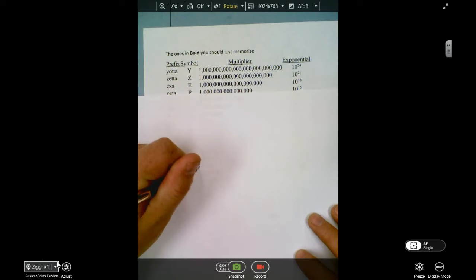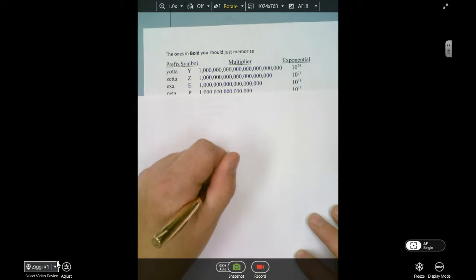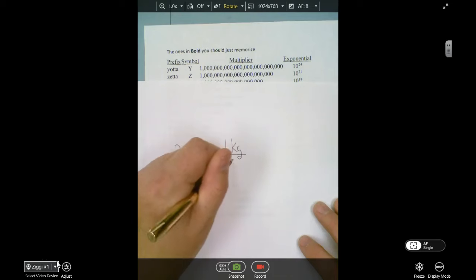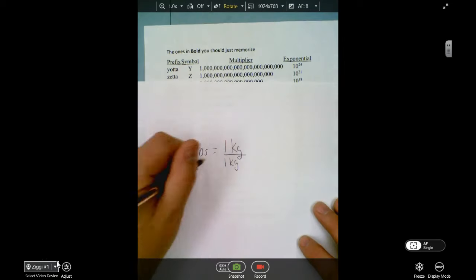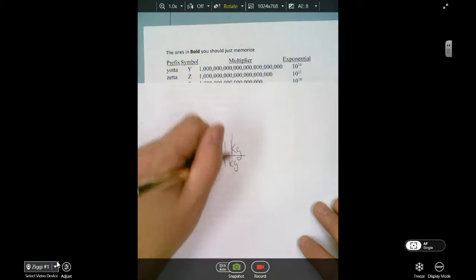Well, see how well this shows up. 2.2 pounds, is that appearing real well? Okay, is equal to 1 kilogram. If I divide this by kilograms, I can write it as this. This becomes 1.